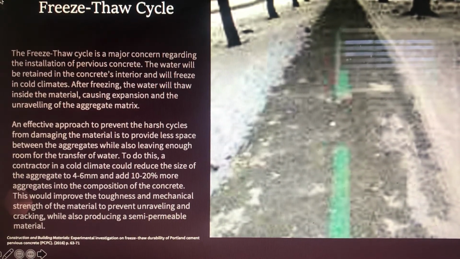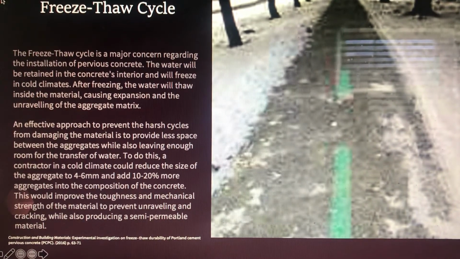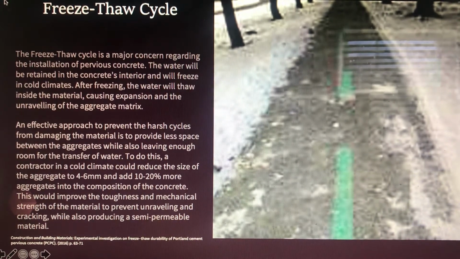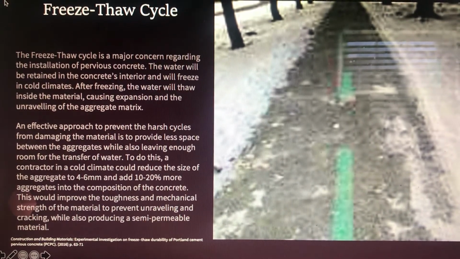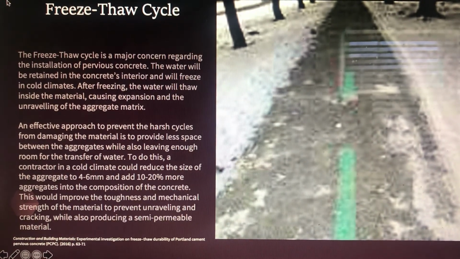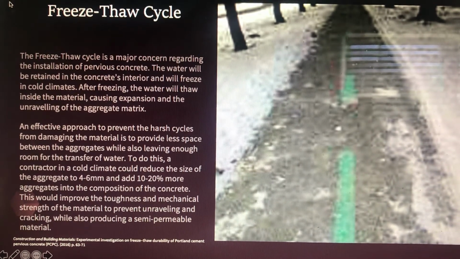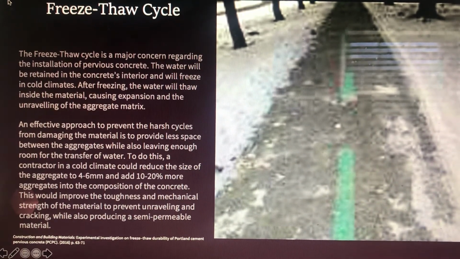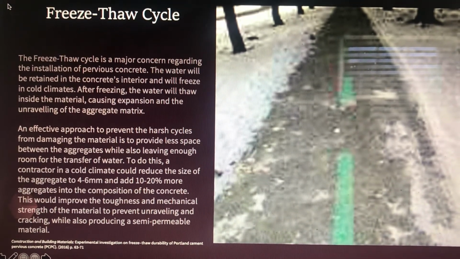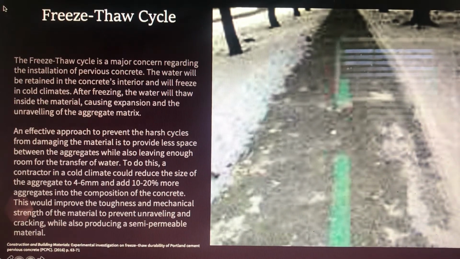This will allow the water to seep through, and when the water freezes, there will be less space for when the water thaws out inside the concrete to crack the material and to unravel the material, because the compressive strength, the tensile strength, the toughness, and the resistance to cracking will be higher when you have aggregates that have less space in between them and smaller aggregates. So this will improve the strength of the material while still allowing 12 to 18% porosity.